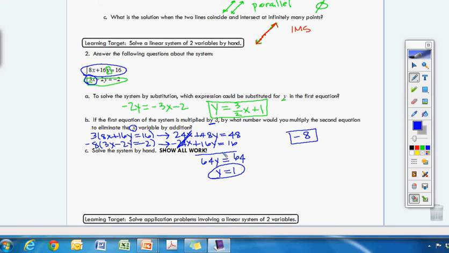Now I can plug it into the other equation and solve for x. Here we have 8x plus 16 times 1 equals 16. So 8x equals 0, because 16 and 16 are going to go away. So x equals 0. So my final solution is 0, 1.